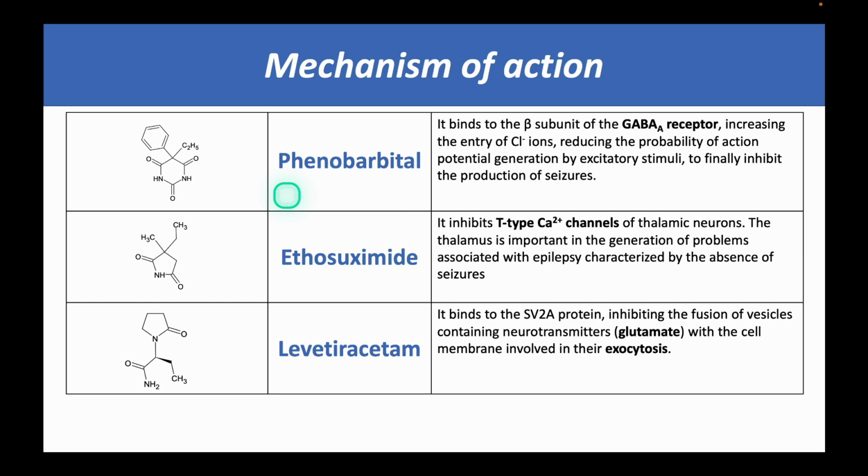By acting on ion channels, such as voltage-dependent calcium ion channels, as in the case of ethosuximide, or on chloride ion channels in the GABA-A receptor, as in the case of phenobarbital, or alternatively, by inhibiting the release of the excitatory neurotransmitter glutamate through exocytosis, as in the case of levetiracetam.